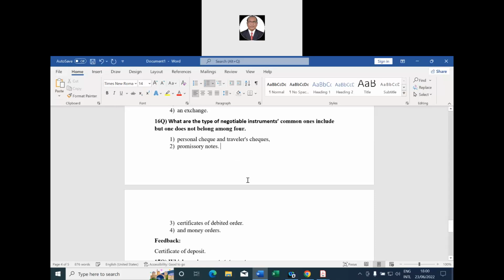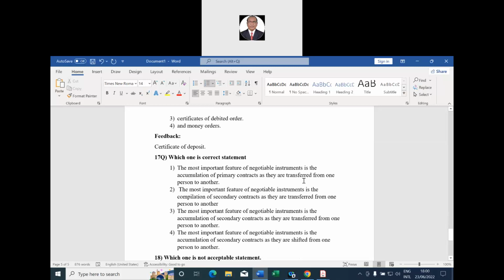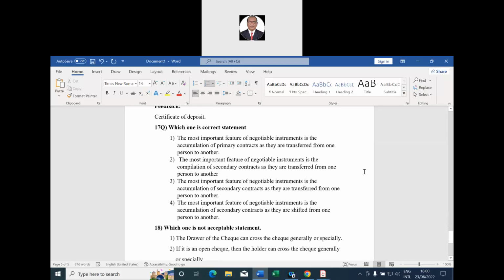Right. Next, 17th question. Which one is the correct statement? Number 1. The most important feature of a negotiable instrument is the accumulation of the primary contracts as they are transferred from one person to another. Second option. The most important feature is the compilation of a secondary contract as they are transferred from one person to another.